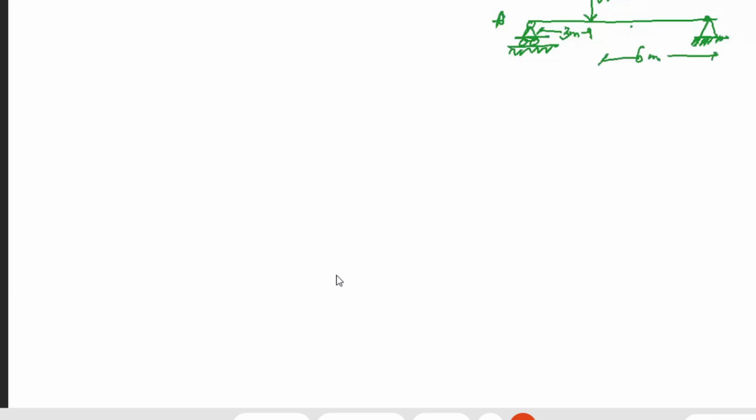Now at the same point where we have the load, we will again see two points, one on this side and another on this side.